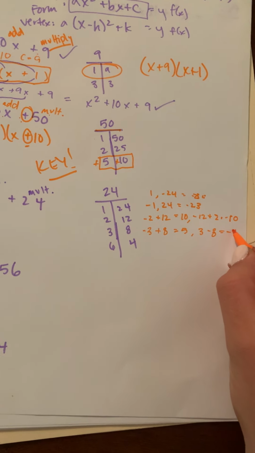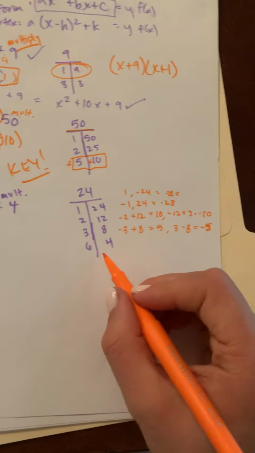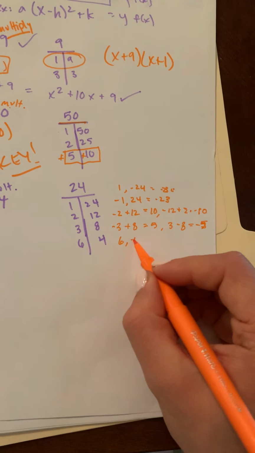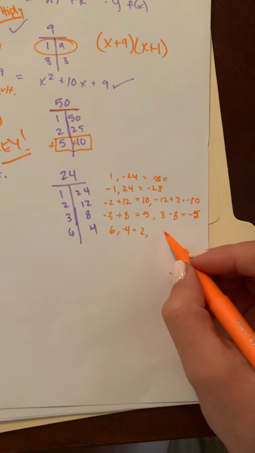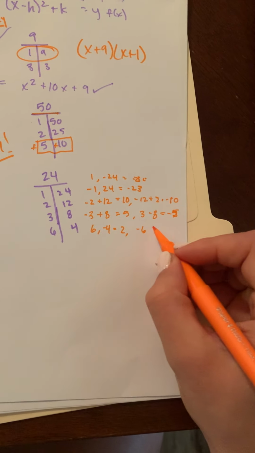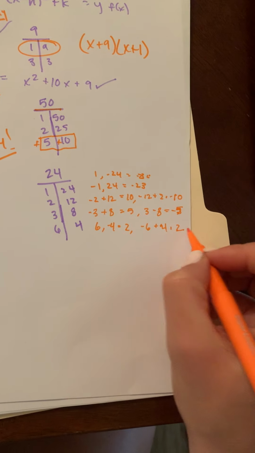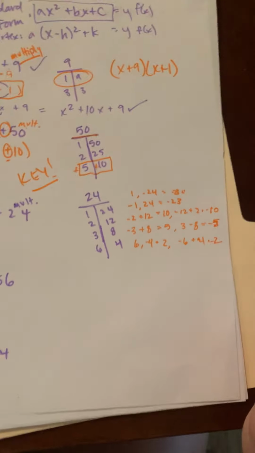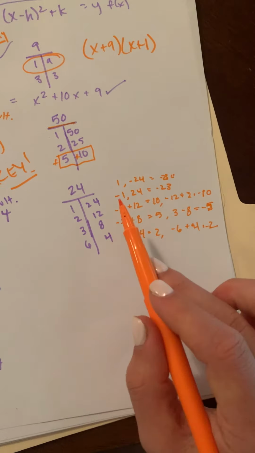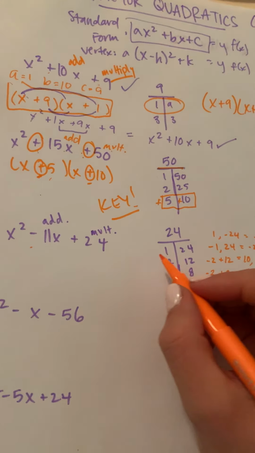That's minus 5. Man, that 5 is a struggle. All right, what about this one? So plus 6 minus 4, that's 2. And minus 6 plus 4, that's negative 2. Shoot. So we've tried all these options where we've made one of them minus.